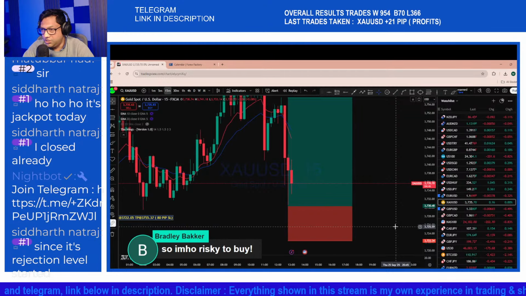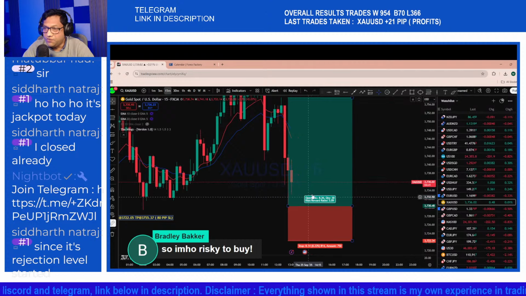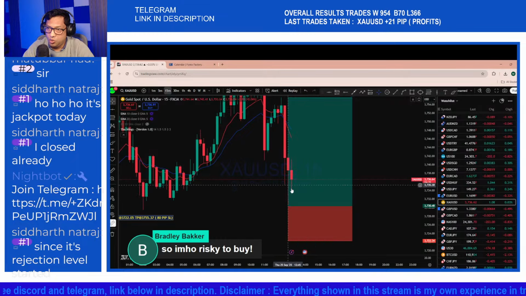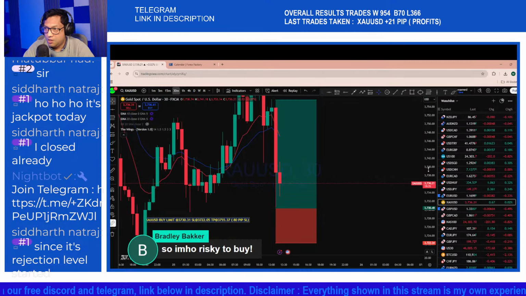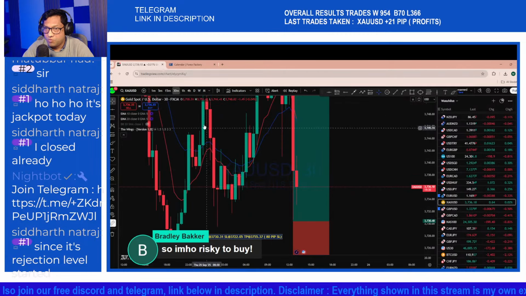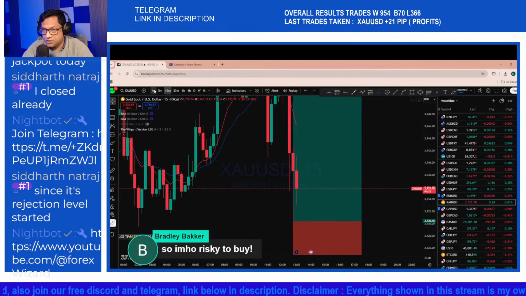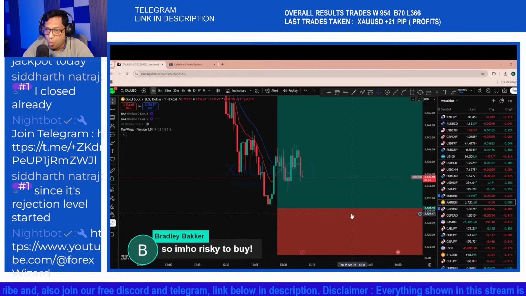Now we see that it's getting reaction back below here. Now if this 5 minutes candle closing within this range, we might see the market to bounce off this level which you are looking at. Our trade, the first one, didn't trigger for just 1 pip.